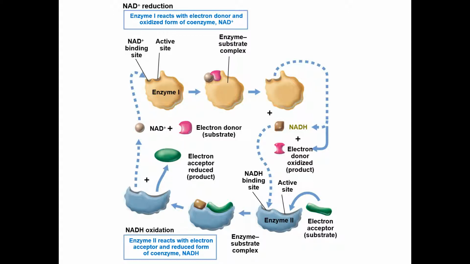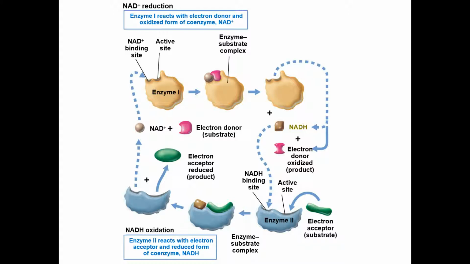Here you're being shown a cyclical process, where you have NAD plus and an electron donor. Both of these reactants bind to their binding site in an enzyme.